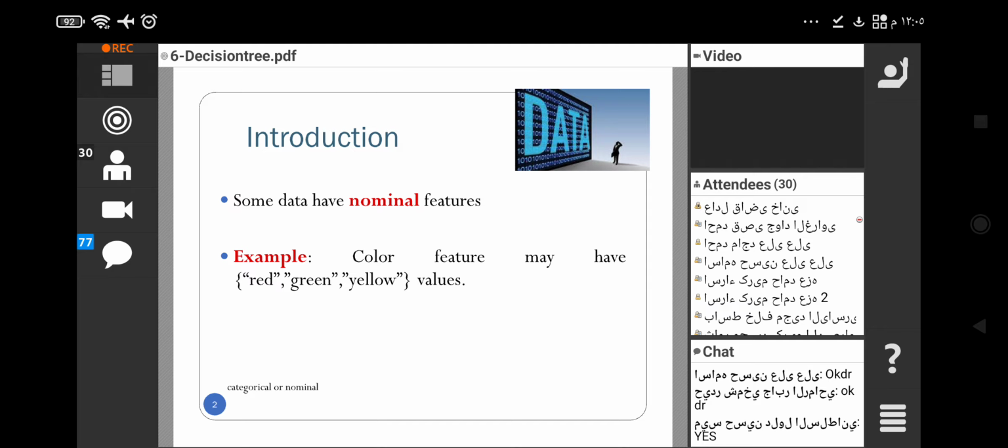Okay, I said in data, we have some data that are nominal. What do we mean by nominal data or nominal features? It means data that the features have string values.